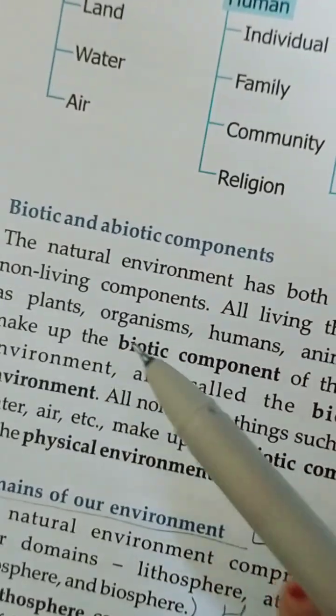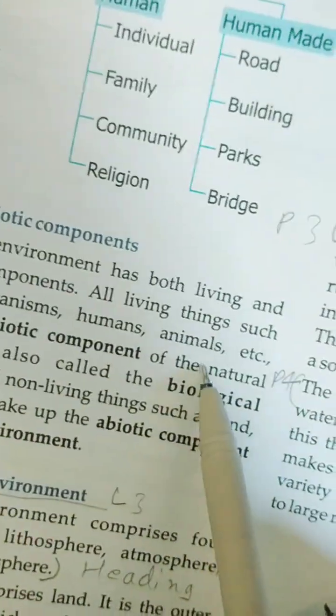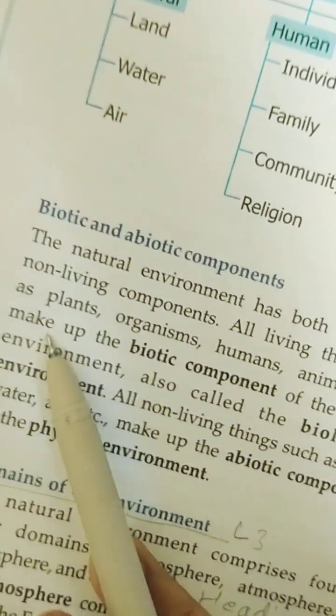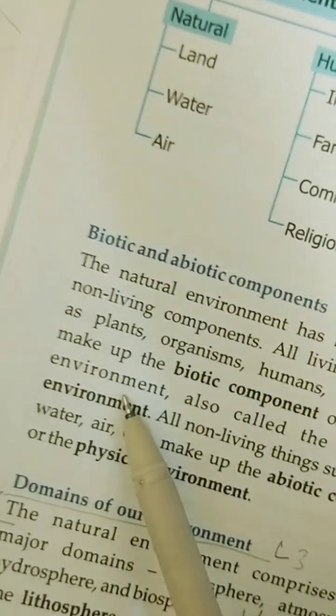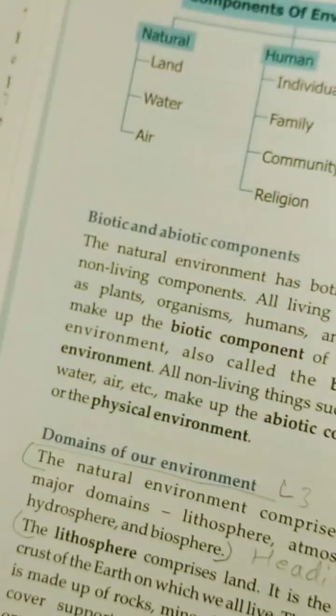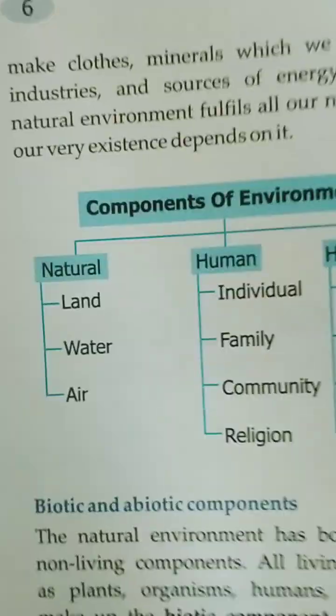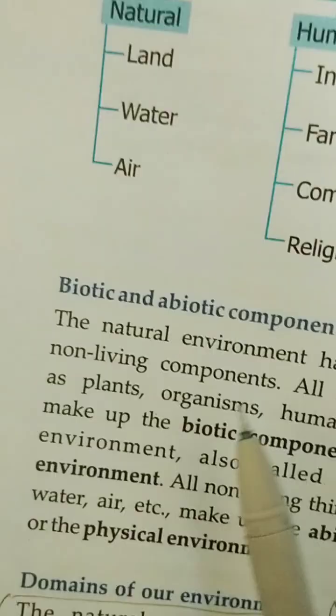All living things such as plants, organisms, humans, animals, etc. make up the biotic component of the natural environment, also called the biological environment. So here it is saying that the natural environment has both living and non-living components. Everybody knows that.